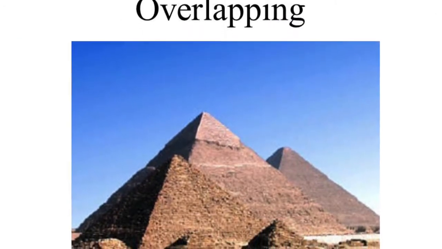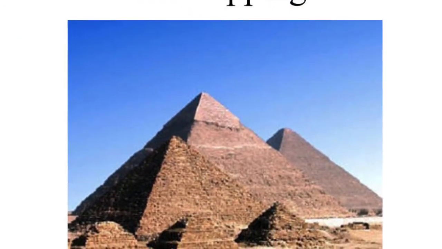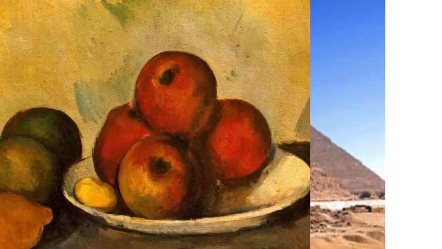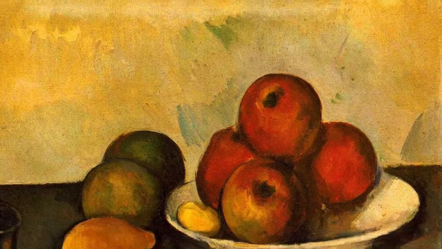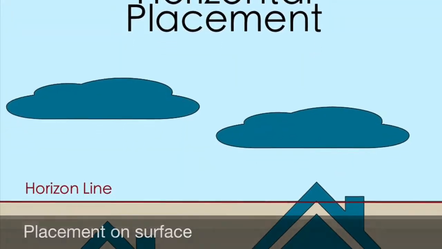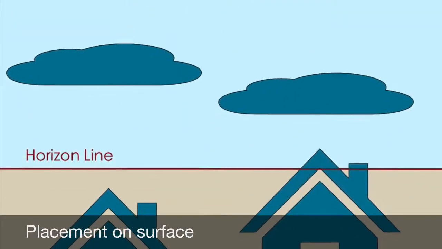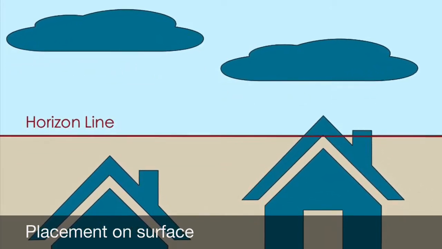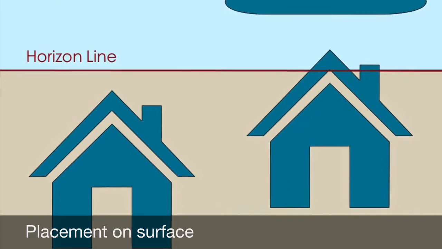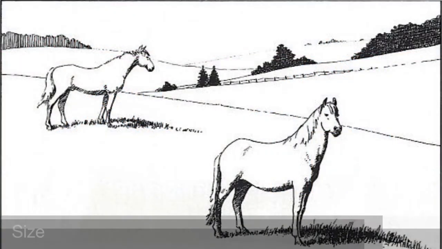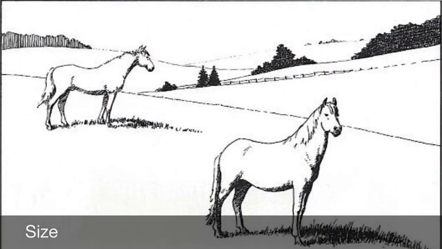Overlapping occurs when objects that are close to the viewer prevent the view of objects that are behind them. Placement on the paper: objects placed higher within the picture plane will appear further away.